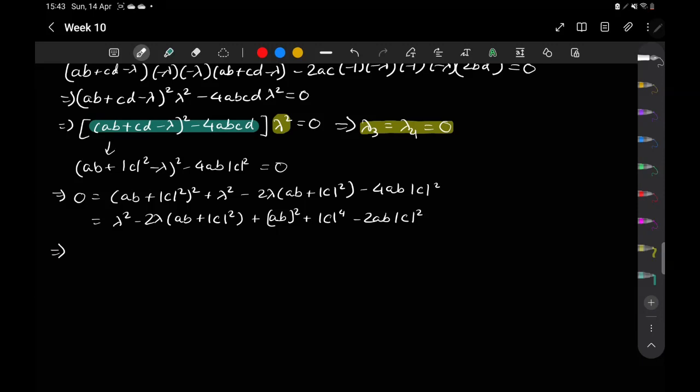So using the quadratic formula, this gives us the following for lambda.